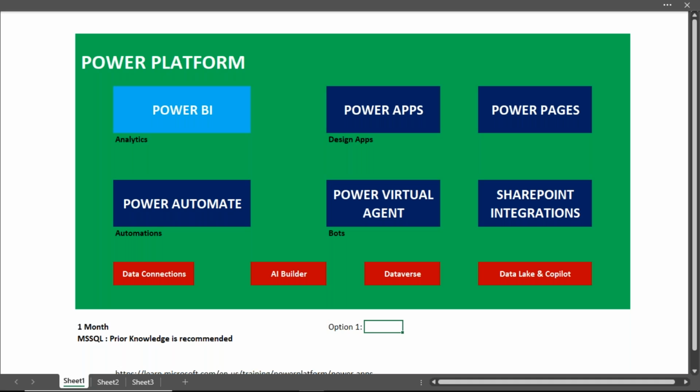Option 1, you may learn only the Power Apps course that involves Automate and other things, all 5 items. Or option 2, MS SQL plus Power Apps. Or option 3, MS SQL, Power Apps plus Power BI. You may choose as you wish.